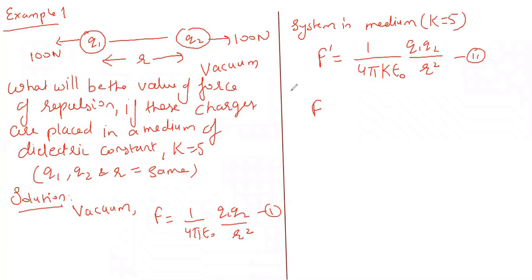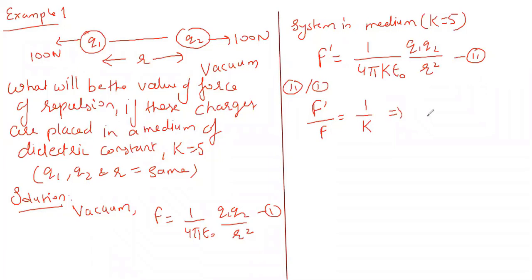So whenever we divide this F dash, now it is equation number 1 and this is equation number 2. Whenever I am dividing equation number 2 with equation number 1, I'll get F dash divided by F. Now all other things will get cancelled and I'll get 1 upon K, because all other things are same.